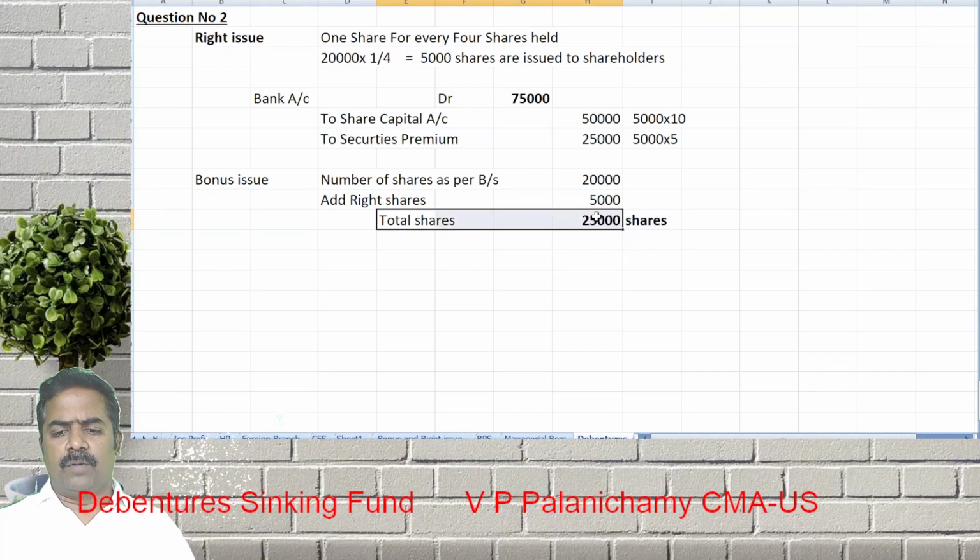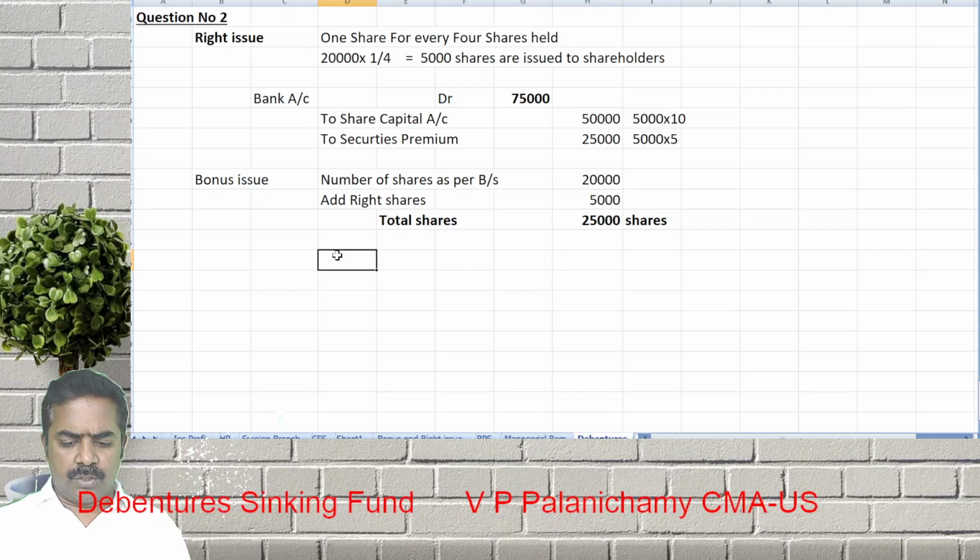For them, we have to make bonus issue. What ratio have we mentioned for bonus issue? Bonus shares 1 for every 5 shares held.